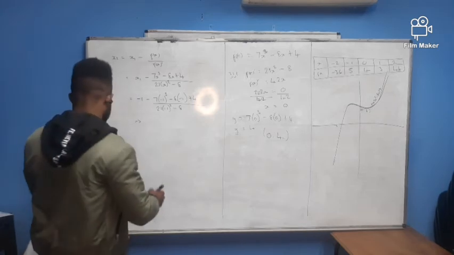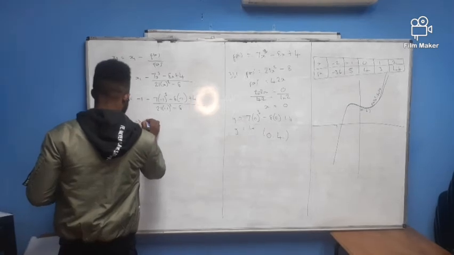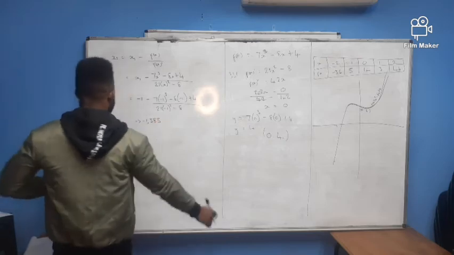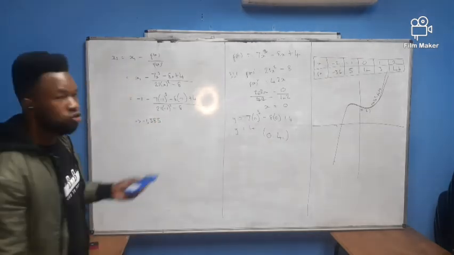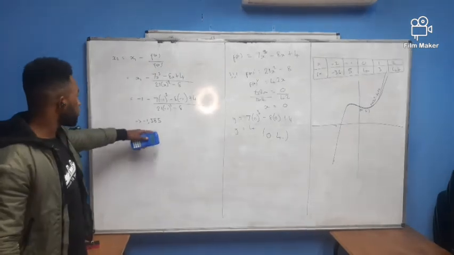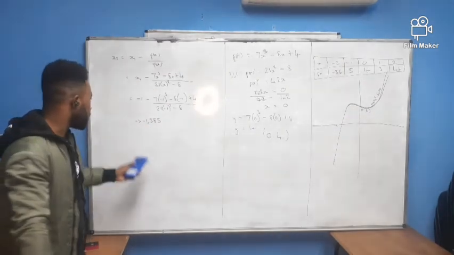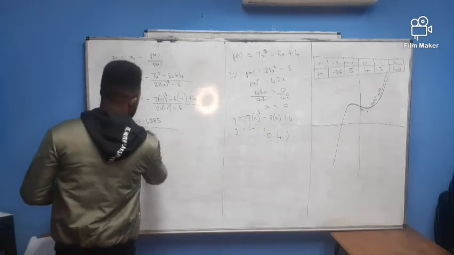I'm going to get -1.385, and remember they said up to 3 decimal places. In other cases they can ask you to repeat, and then you use this one, you substitute it as your value of x1. Now you just repeat the same thing, but on this one, this is your answer.